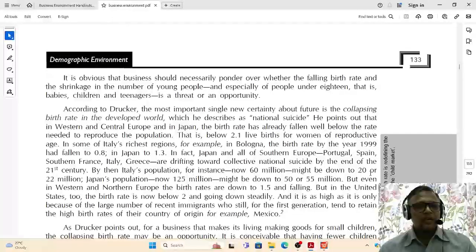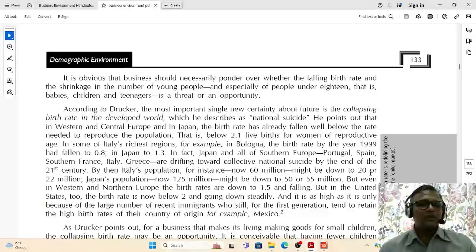In fact, Japan and all of southern Europe, Portugal, Spain, southern France, Italy, and Greece, are on a route to collective national suicide by the end of the 21st century. By then, Italy's population, now 60 million, might go down to 20 or 22 million. Japan's population, now 125 million, might go down to 50 million.